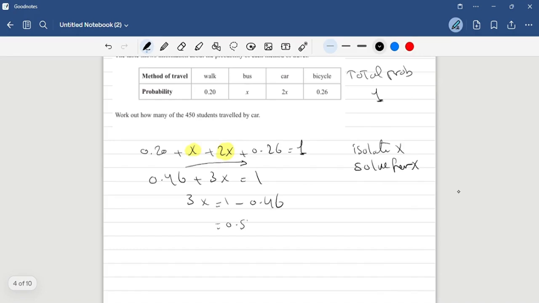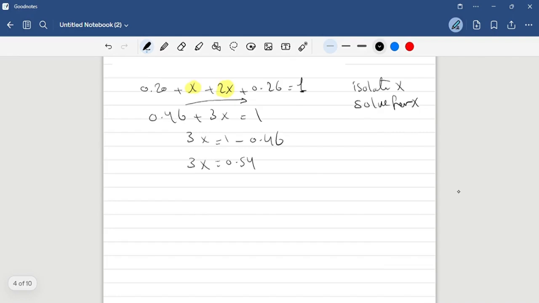Perfect, 0.54. What next? Divide by 3. So x equals 0.54 divided by 3. 0.54 divided by 3 equals 0.18. Do you understand this part?